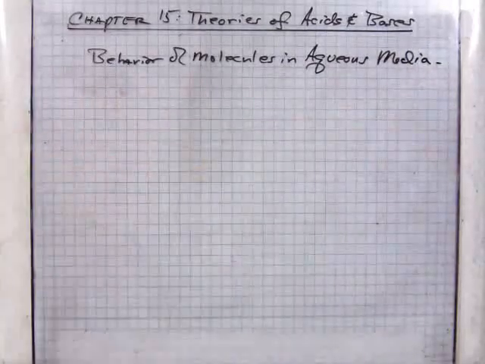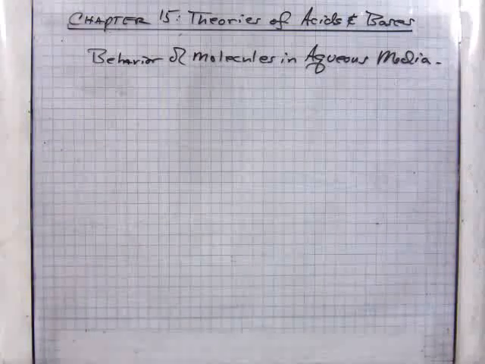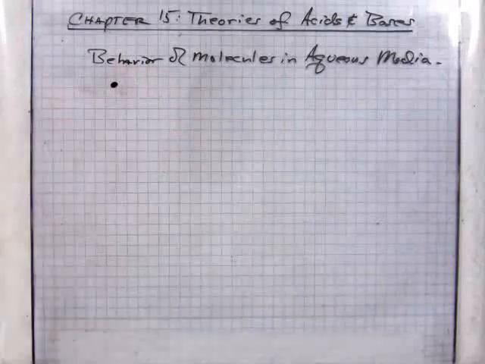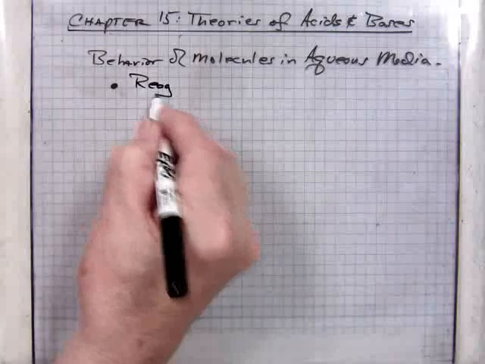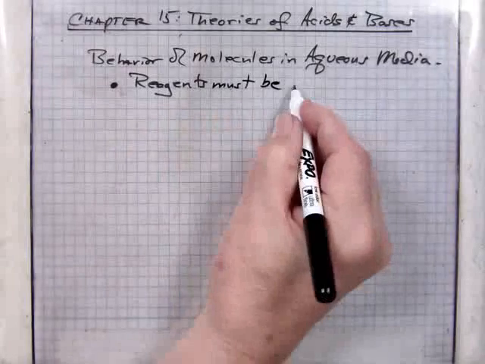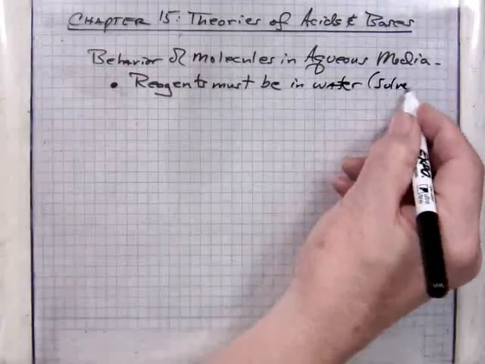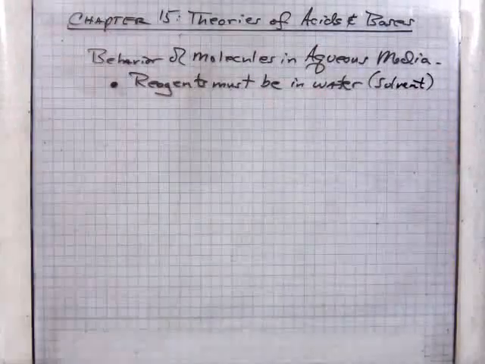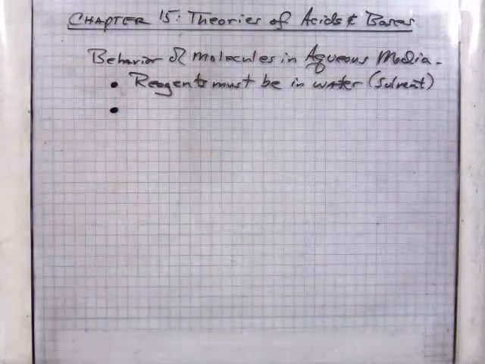And what that means is that when you add an acid or when you add a base into the aqueous media, two things have to happen. One, it has to be in water as the solvent. I call it, you'll see me use this, water solvent in some cases. And ionization must occur.